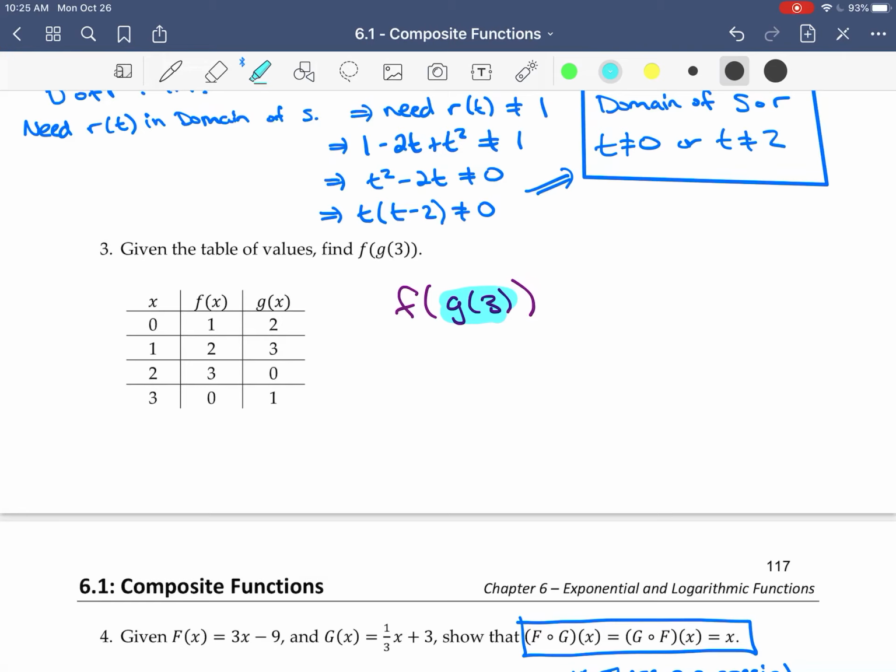So I look at x equals 3, and then I want to find its y value. So for g, that's 1. Okay, so this is actually f of the number 1. Now that number 1, which used to be a y value, is now my new x value.